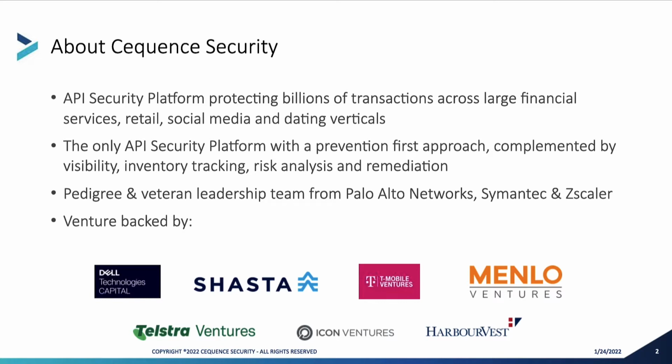The differentiator that we bring to the table is that we're really the only API security platform on the market that approaches the problem of protecting your APIs from a prevention-first perspective. That was where we started. We started in the automated attack prevention era, and we've expanded that functionality to focus on API security, analyzing those APIs, assessing their risks and helping you fix them.